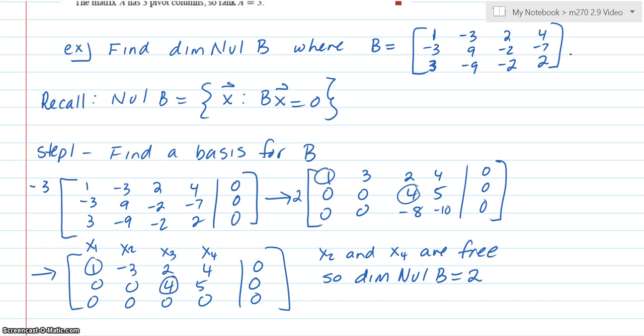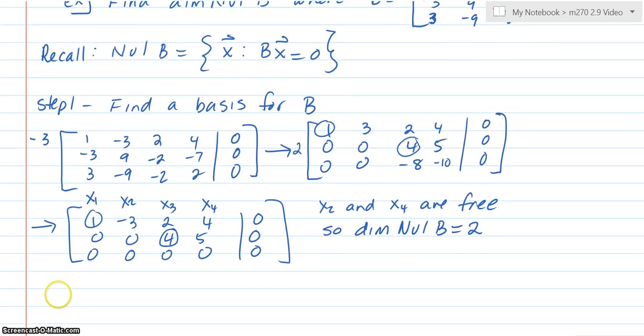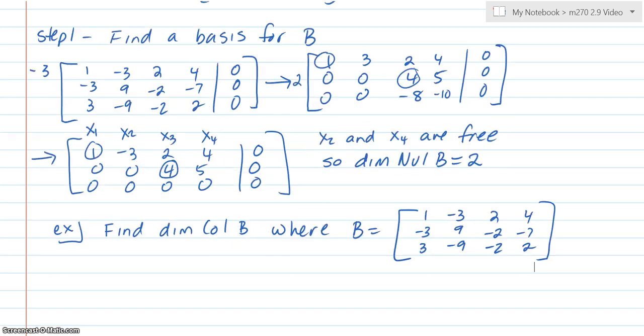Out of curiosity, what is the dimension of the column space of B? Let's look at that real quick, since we have the echelon form at least. Here's my example: find the dimension of the column space of B, where B is the same matrix as in the above example.